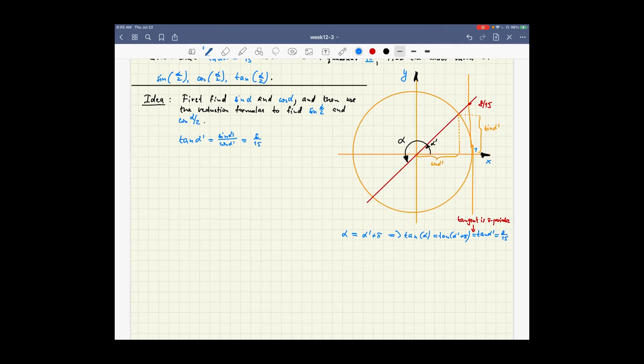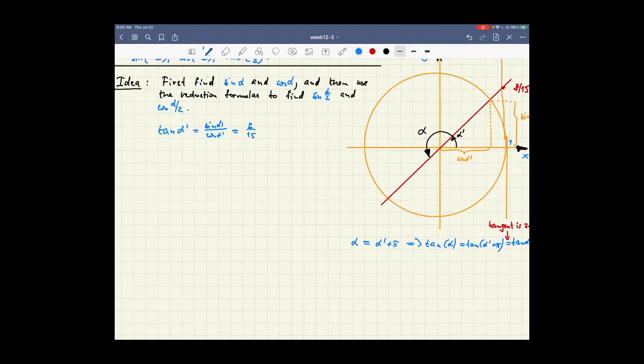We can now try to solve this equation by raising both sides into the second power and noting that sine squared alpha prime over cosine squared alpha prime equals 8/15 squared. That's 64/225.